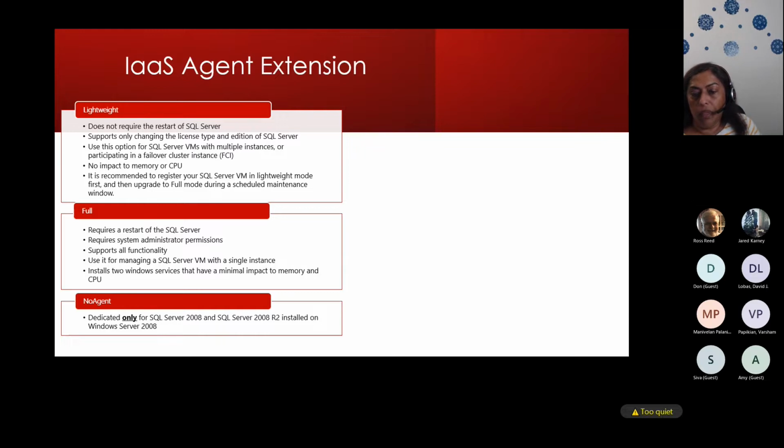People who have not upgraded are out of support. So Microsoft gave them a way out: if you bring your SQL Server 2008 and 2008 R2 to Azure VM, we will provide the security patches and updates. So for them, if you want to install the IaaS agent extension, you use the option no agent. That's the mode for them.